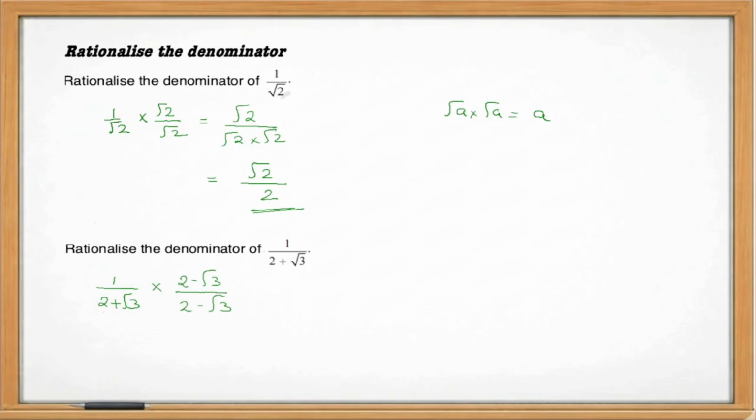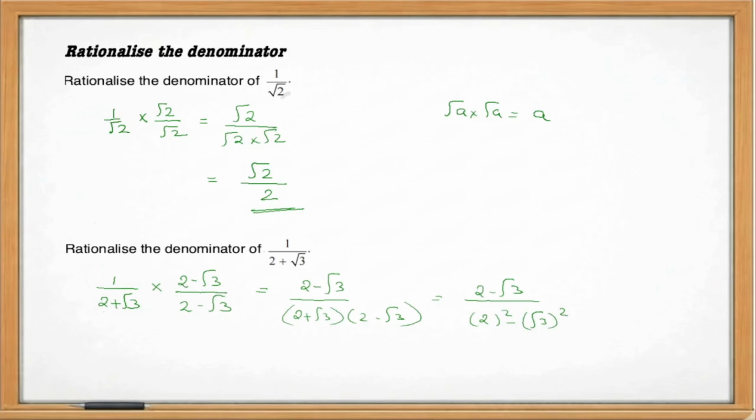The sign changes even though we are multiplying on the numerator and the denominator. So the numerator will become 2 minus root 3. And the denominator is 2 plus root 3 into 2 minus root 3, which is a plus b into a minus b. What is it? a square minus b square. So here it will become 2 square minus root 3 the whole square.